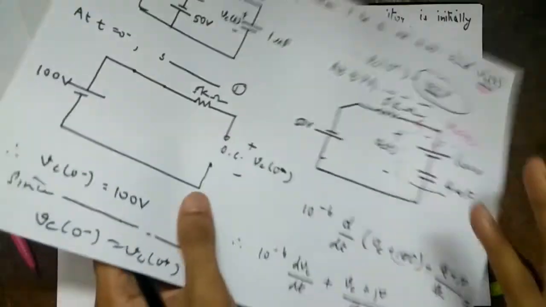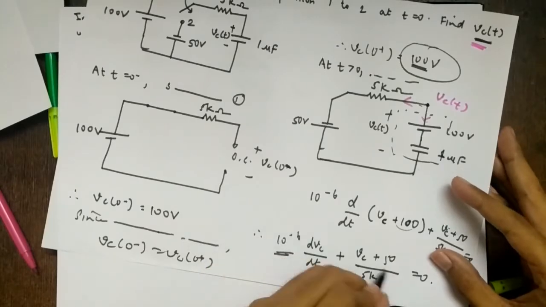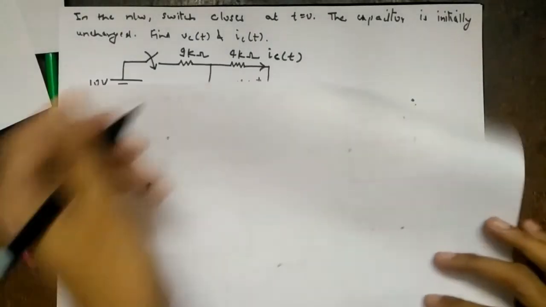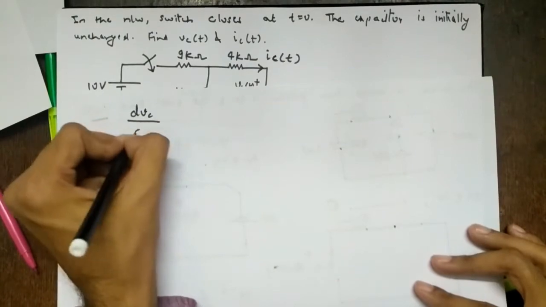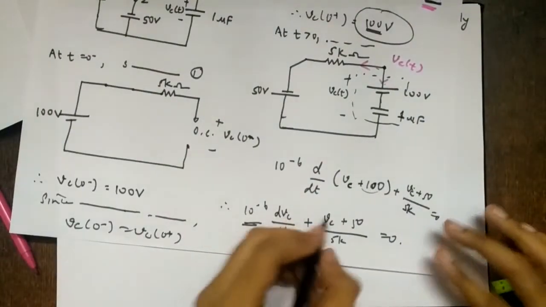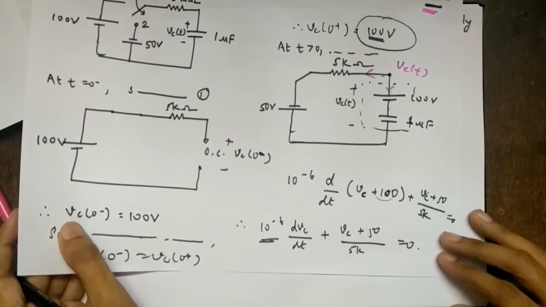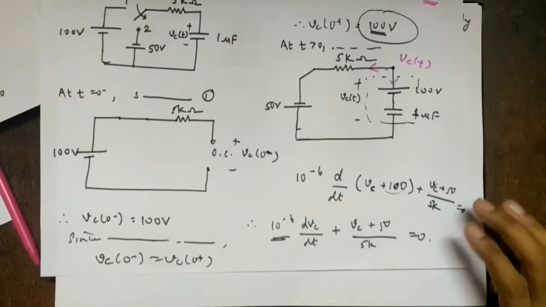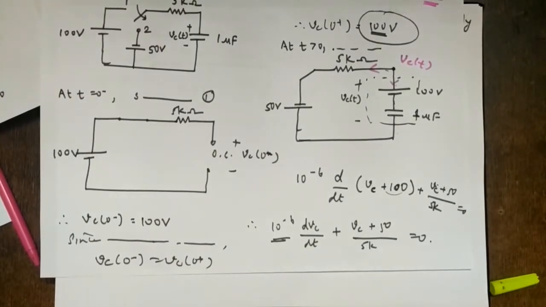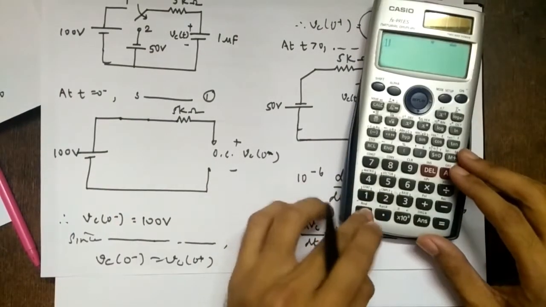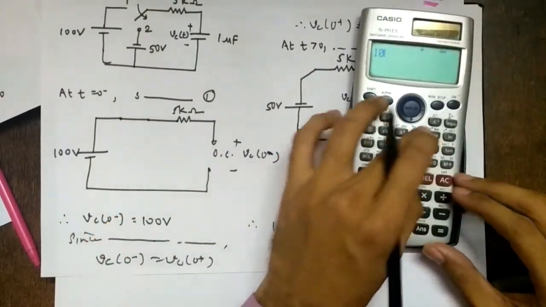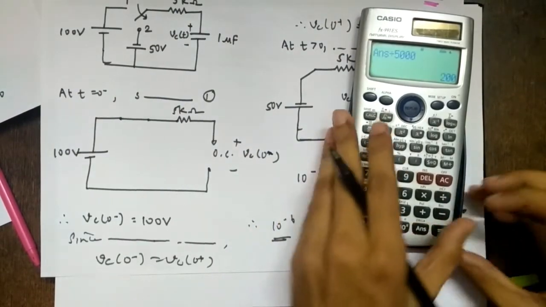Again we want this coefficient to be 1, so we'll multiply by 10 raised to 6. So we get dVc by dt plus, separating this, 10 raised to 6 divided by 5k, which is 5000.